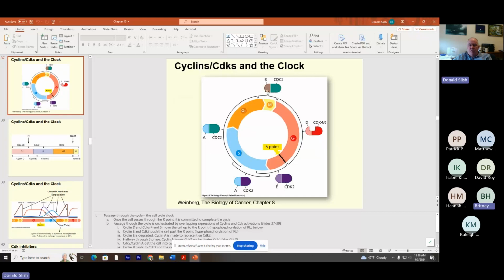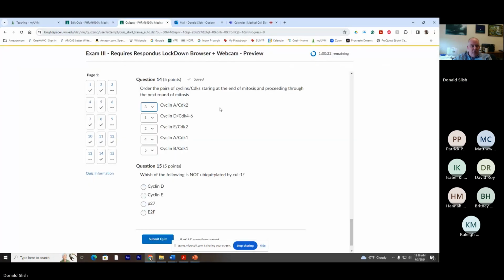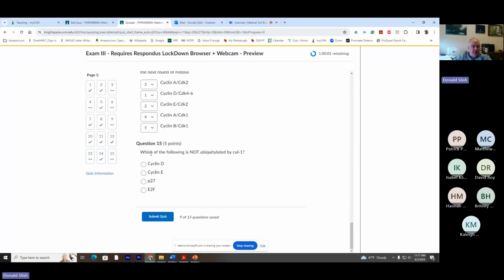The wording was starting at the end of mitosis, so it would be at that point. But I understand that you can read that the other way. So if you did that, then let me know and I will give you half credit for that one.